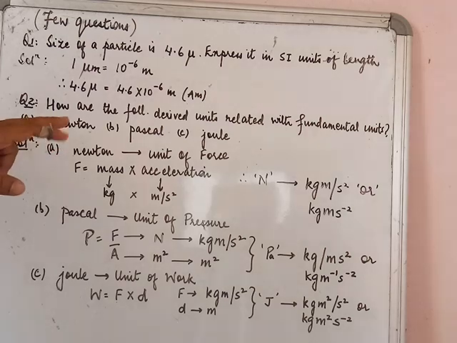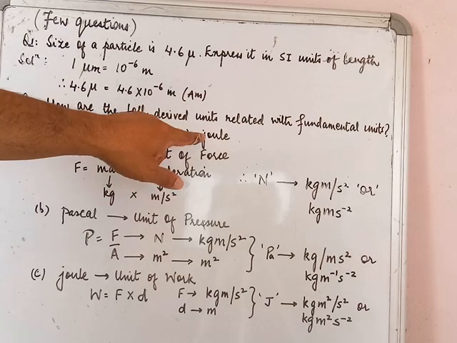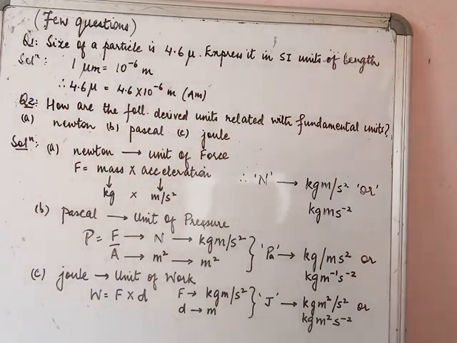Just now I had mentioned that if we are using a unit which is named after a scientist, it is to be represented symbolically with a capital letter. Whereas over here, if you see Newton with an N, Pascal with a P, and Joule with a J, they are all in small.